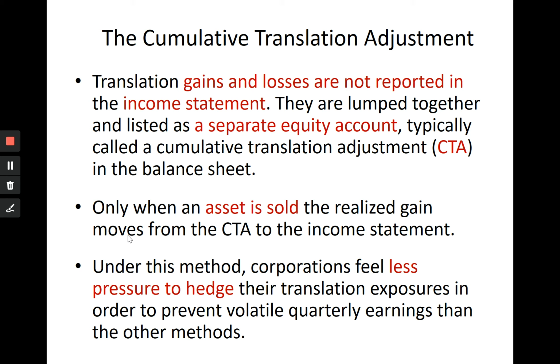Companies hedge their translation exposure in order to prevent volatile quarterly earnings that the other methods of translation give us. So we don't have to hedge with this method. It gives us less volatility, and that's a great advantage of our current method.